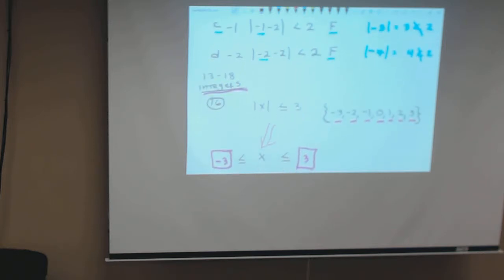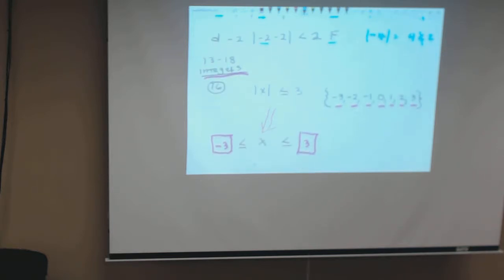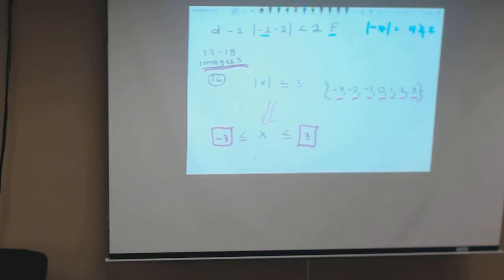The absolute value of x is less than or equal to 3. So guess what that means? I think that's from page 352 in your book. It means that x is between -3 and 3. You go, what? Okay, watch this.